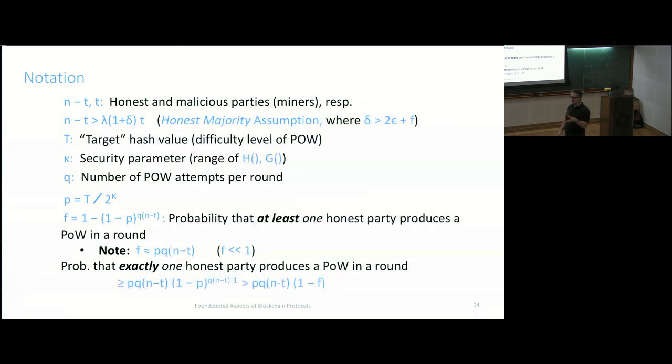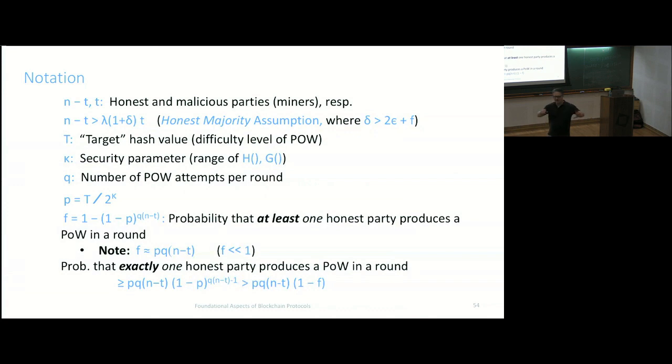We assume that each party, the computational model is flat, and in one round you have a bound on the number of attempts, the number of times you can call the random oracle. That's Q. When you call the random oracle, when you call the hash function, that will be a proof-of-work attempt. The Q is the maximum number of calls that you have.